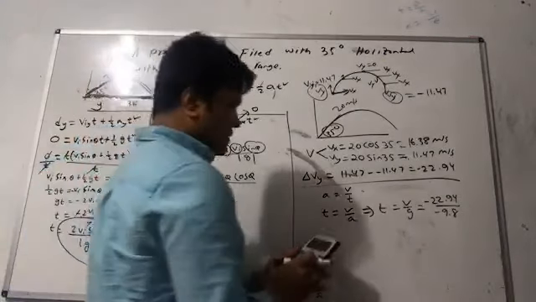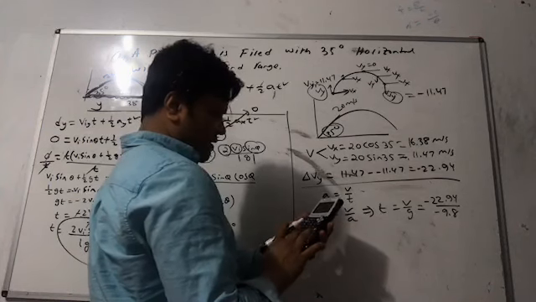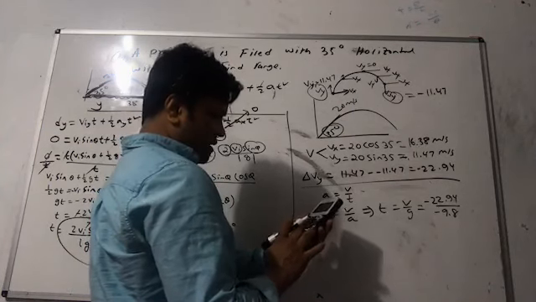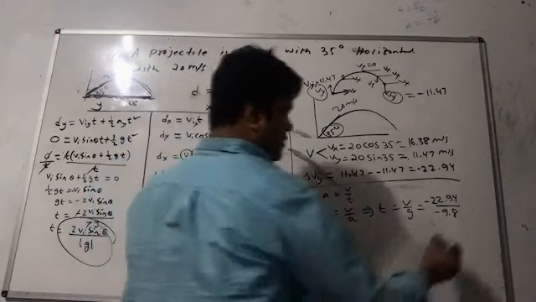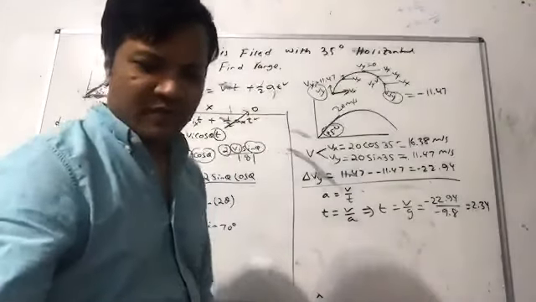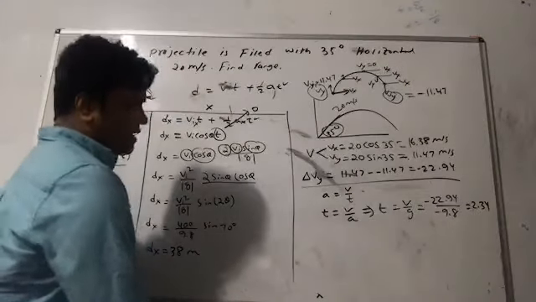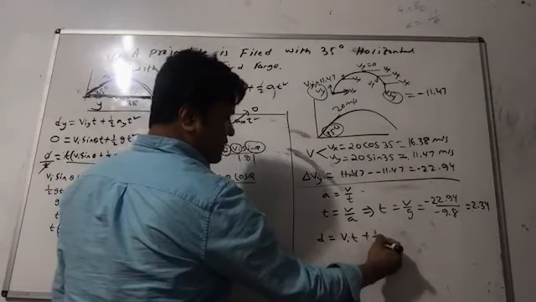Let's see our calculator. 22.94 divided by 9.8. Let's see what we get. We get 2.34. Now what can we do with this 2.34? We can write the equation d equals ViT plus half AT squared.